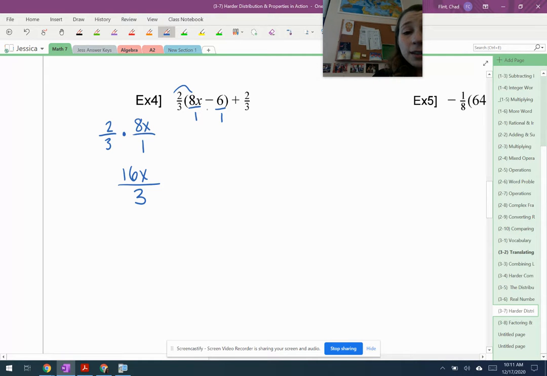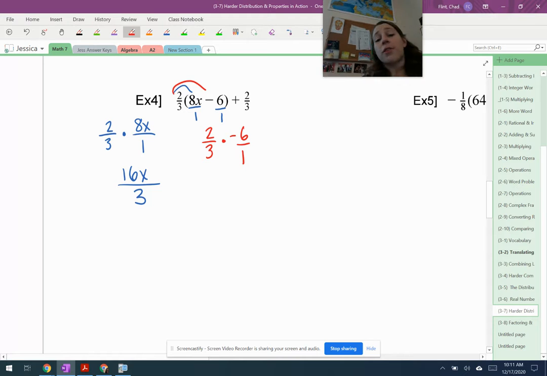So then I'm going to look at that 2/3 times negative 6. And again, I just turned that whole number into a fraction by putting it over 1.